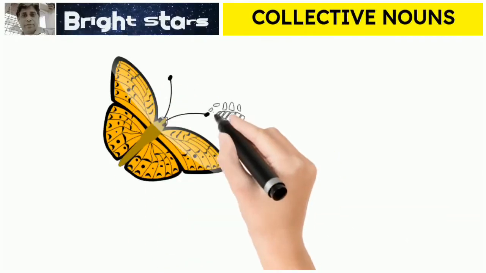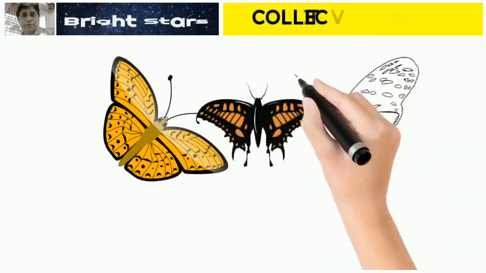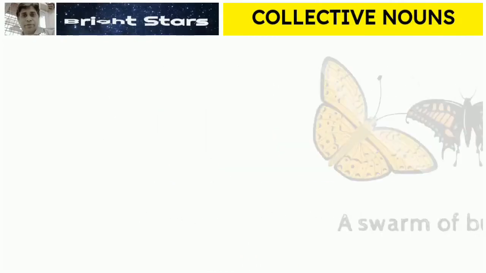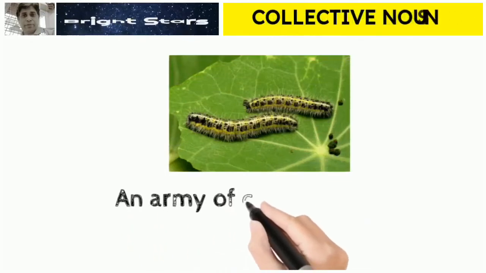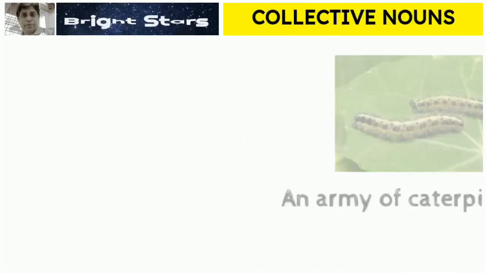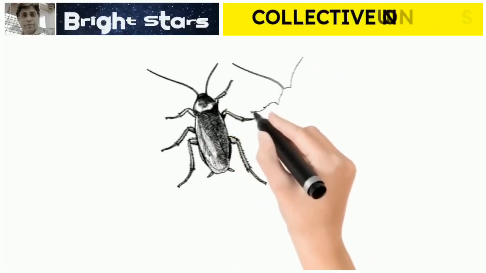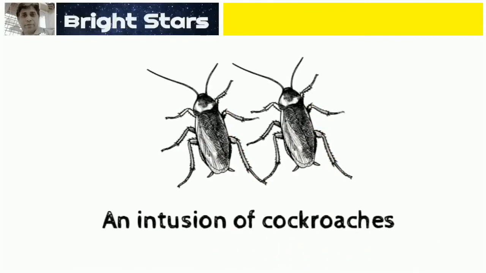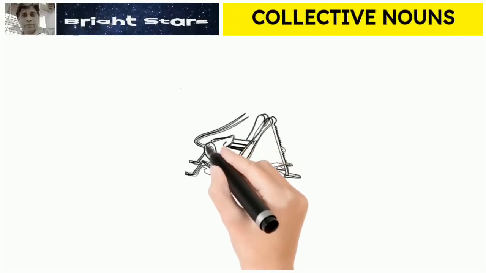Next, a group of butterflies is called a colony or a swarm of butterflies. An army of caterpillars here. An intrusion of cockroaches.